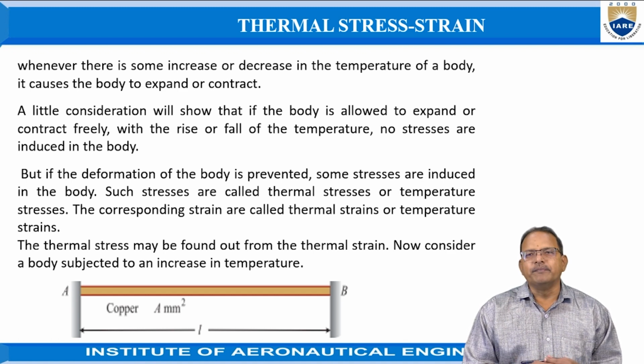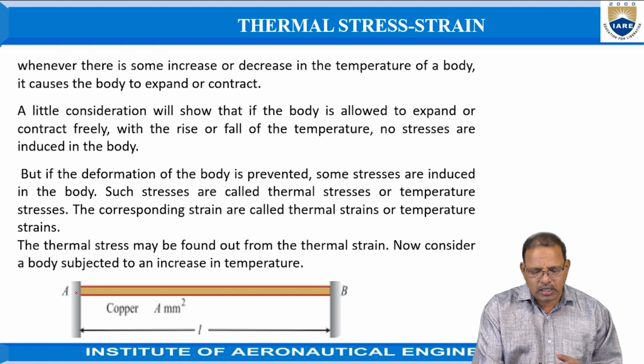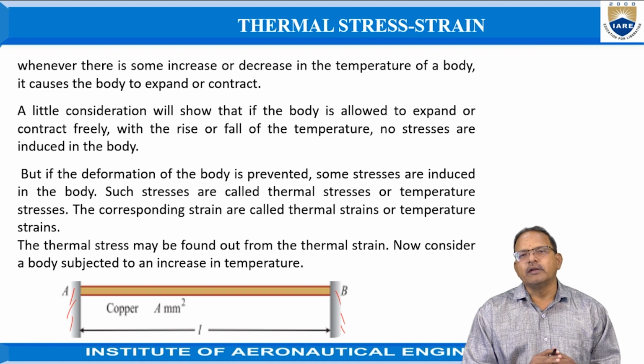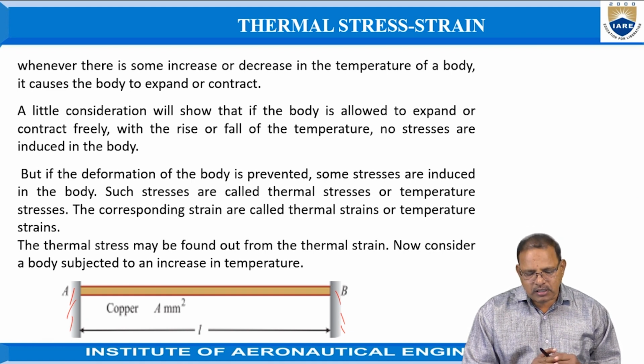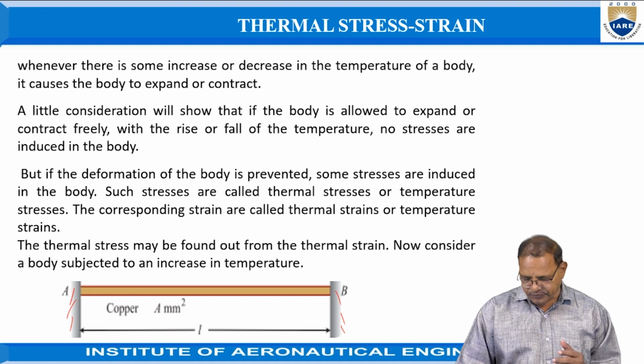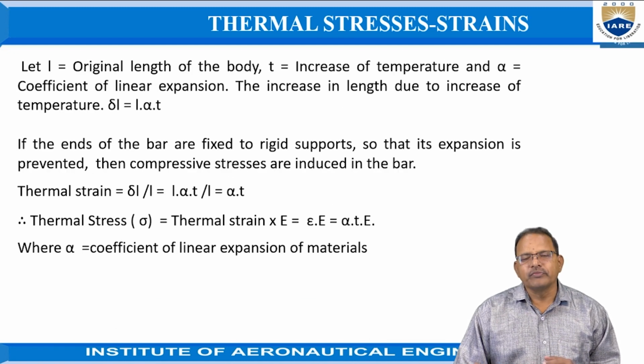Here I am taking an object AB of length L at 0 degree centigrade. Two supports at A and B are kept to prevent its free expansion when the temperature of the object increases. They will also prevent contraction of the object when the temperature decreases. Here L represents the original length of the body.